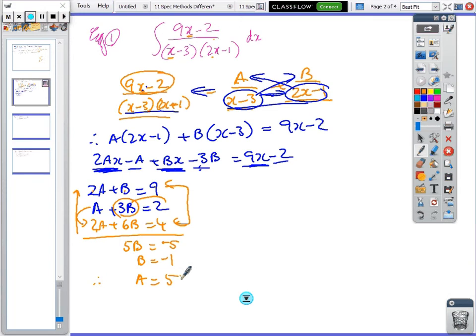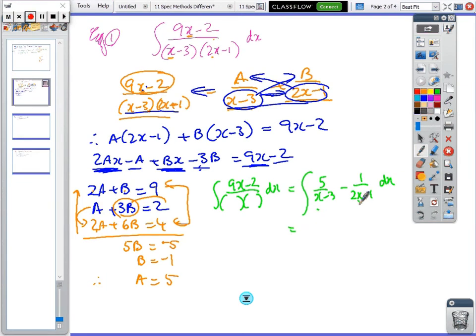And so the original integral 9x minus 2 over those 2 brackets dx is now equal to the integral of a, which is 5, over x minus 3 plus b, so it's minus 1 over 2x minus 1 dx.